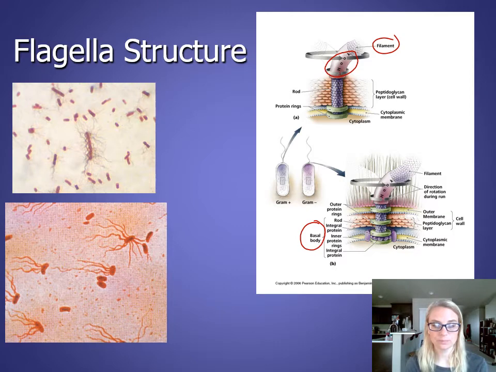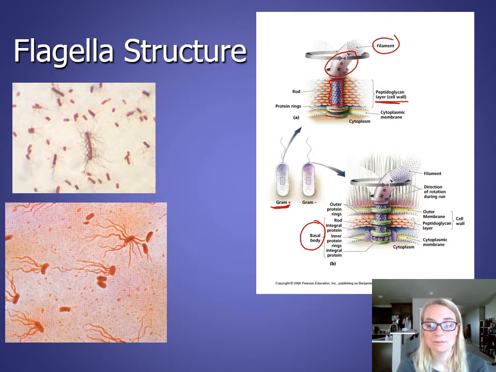And there's a couple different organizations of these basal bodies depending on whether you're a gram-positive or a gram-negative cell, and we haven't differentiated between that yet because we haven't got to the cell wall. But if you'll notice in a gram-positive, remember Christian Gram, he had gram-positive cells colored purple. We have these rings and the rod here embedded in this thick layer of a sugar called peptidoglycan. It's kind of a protein-sugar mix.